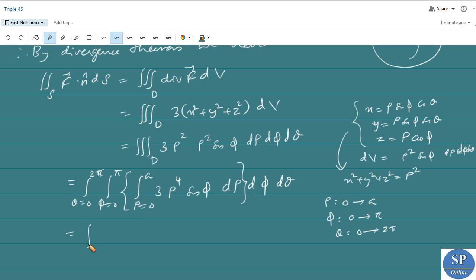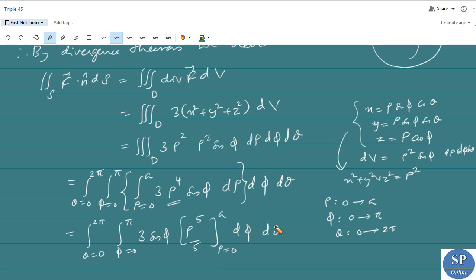So we can take 3 and sine phi outside, since we are integrating with respect to rho. Theta varies from 0 to 2 pi, phi varies from 0 to pi. Integrating rho power 4 with respect to rho gives rho power 5 divided by 5 from rho equal to 0 to a.